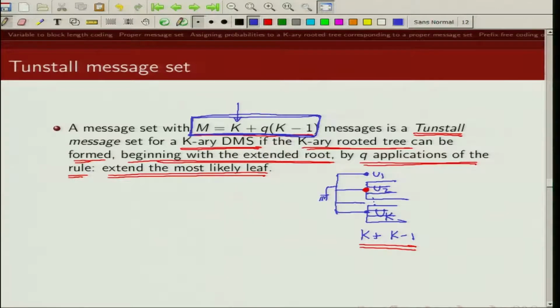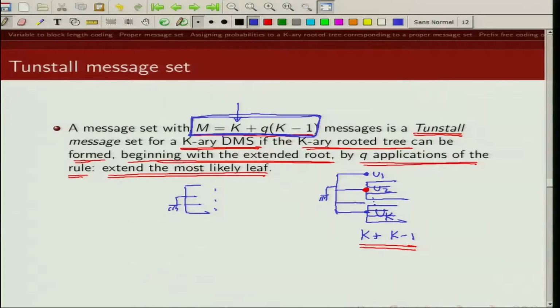I am calling this the extended root. So I have a root which has been extended to K leaves. That's what I am calling extended root. At the extended root I get K leaves, but subsequently when I extend any of the leaves, I am adding only K minus 1 new leaves. So total messages in a proper message set is given by K plus Q times K minus 1.